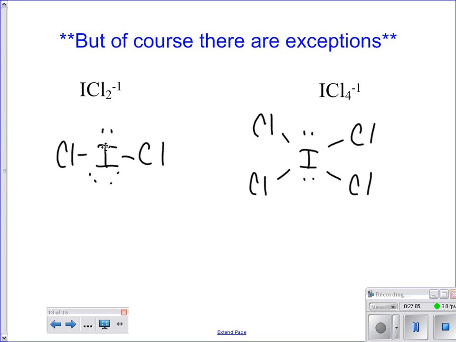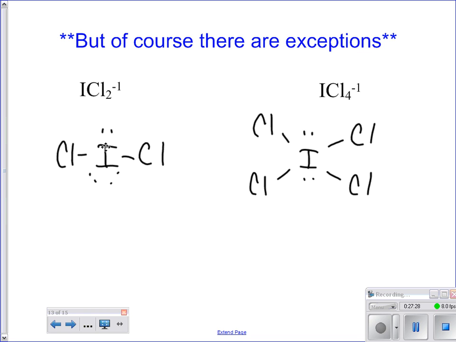But because I have these three lone pairs around my central atom, it is very symmetrical. There is no side of this molecule that is more positive or negative than the other side. So even though I have lone pairs around my central atom, this one is considered nonpolar. We'll come back and write this on a chart in just a second.